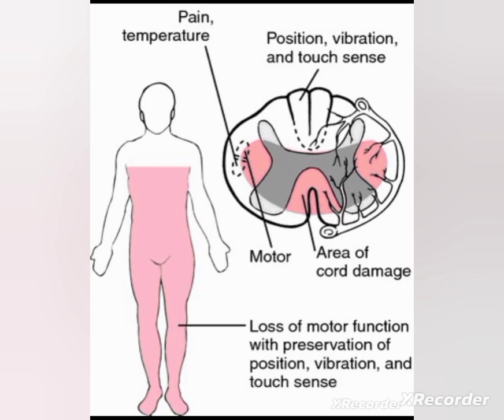The main manifestations are motor paralysis and loss of pain and temperature sensation below the level of injury. Here the posterior cord tract is not injured, so sensation of touch, position, vibration, motion remains intact.